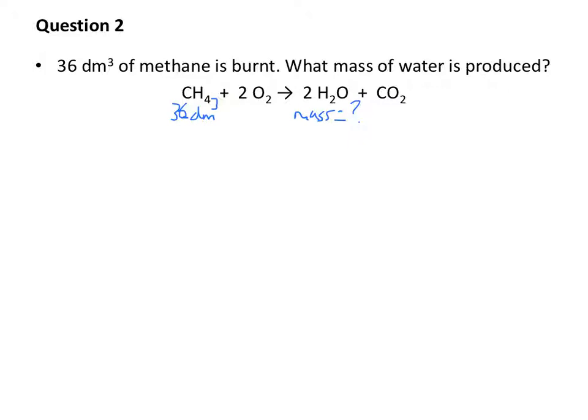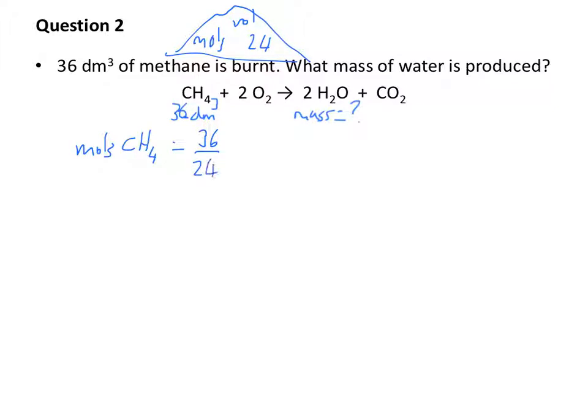Same as normal, first thing, convert your substance that you've got information on into moles. So this time it's a gas, so we're going to use the gas triangle, just because that's what I find students prefer. So moles, volume, 24. So moles of CH4 equals 36 over 24 using that triangle, and that gives 1.5.